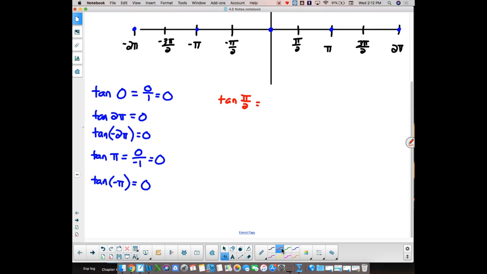Because it's 1 divided by 0. How do I graph undefined? Not a hole. That's if something that divides by 0 cancels out. That makes a hole.